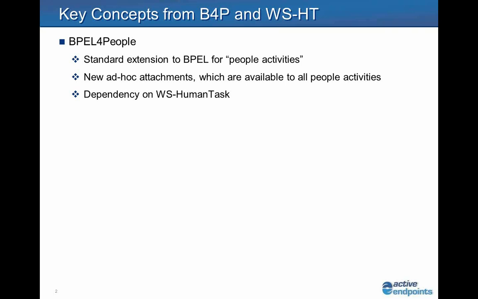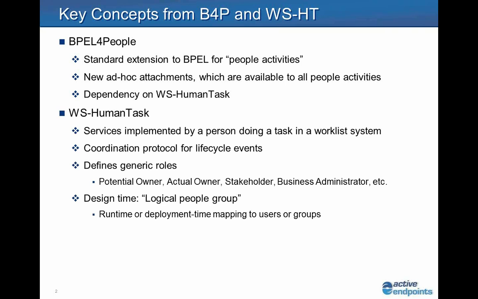This spec is a very small spec, because mostly what it does is it refers to the WS-Human Task specification. And what that does is it's kind of odd for people who aren't used to it. It defines services, like web services, that are implemented by a person doing a task in a worklist system. So normally you think of a web service as calling an automated service, some code that is going to respond, and that's represented by WSDL.